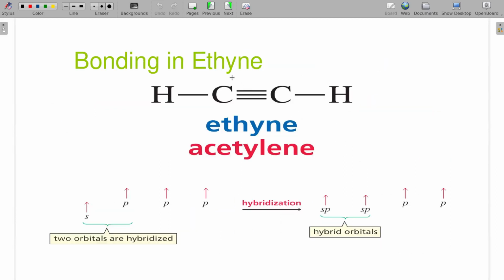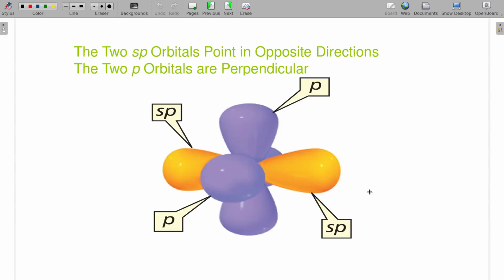And if I make that a triple bond, it's even more reactive. But nice thing to see, 2 bonding groups. I only need to combine 2 orbitals. So I'd have 2 sp hybrid orbitals, and the remaining 2 would be p orbitals. These 2 sp orbitals would get about 180 degrees away from each other, and it would end up looking something like this. 180 degrees to each other, and the p orbitals are 90 degrees to that, and they're 90 degrees to each other.